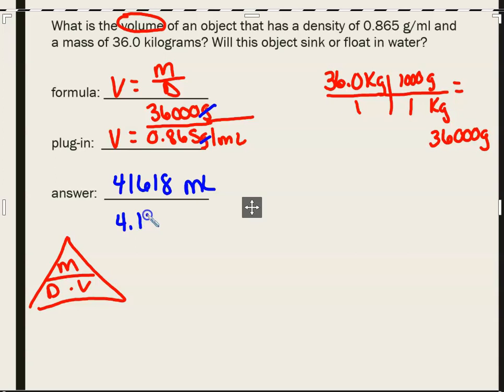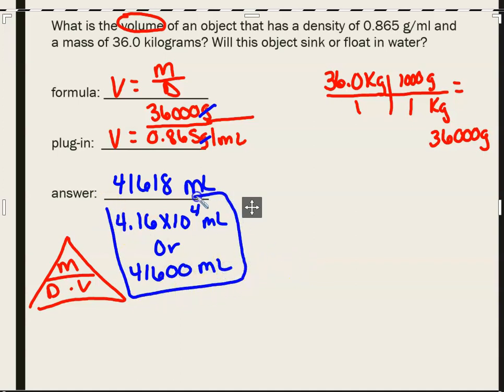So 4.16 times 10 to the fourth. Anytime this number is more than 10, it's going to be a positive exponent. So it's that many milliliters. Or you could just round this to 41,600, but you need to put zeros at the end. Remember, ending zeros are not significant. So these are my correct answers.